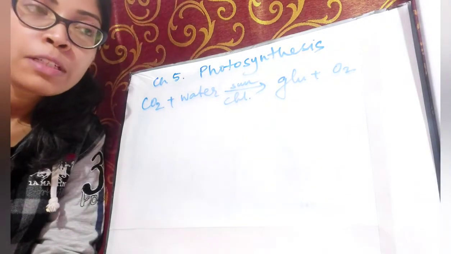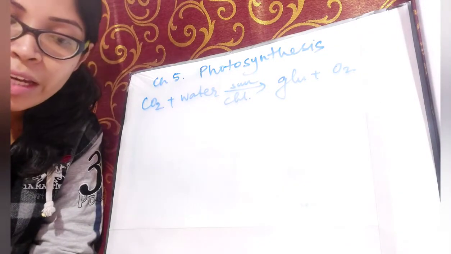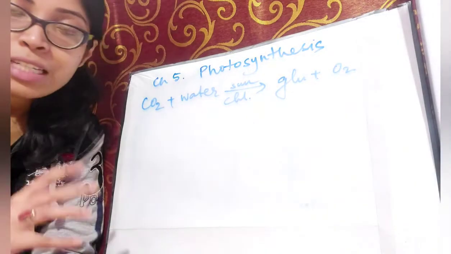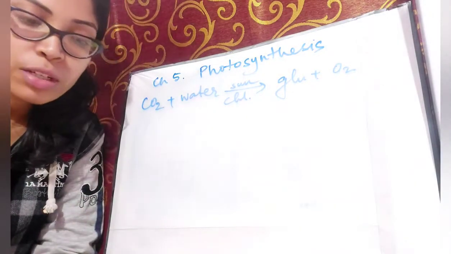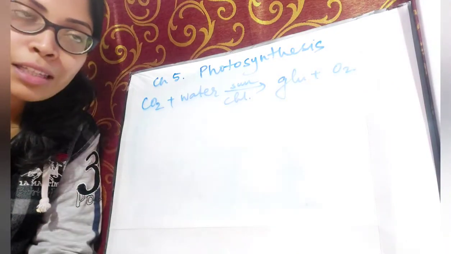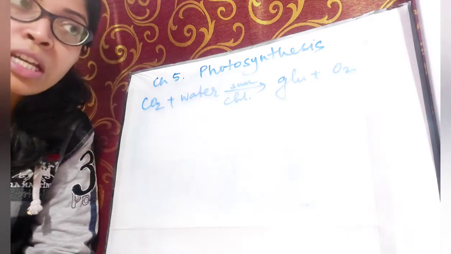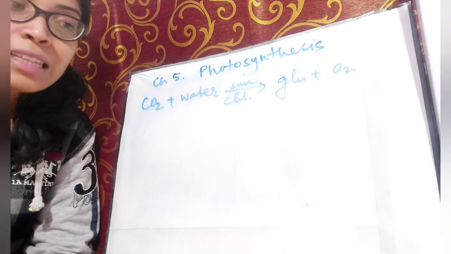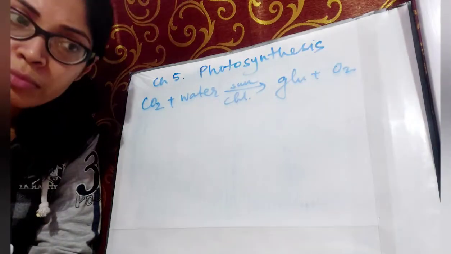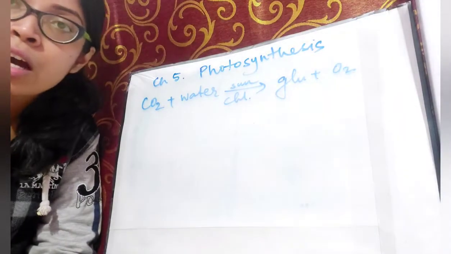All the different parts of the plant body require energy to perform the different metabolic activities that take place within a plant body. So it is not only the green leaves that require food, the other parts also require food, and they get it in the form of glucose produced in the green leaves.